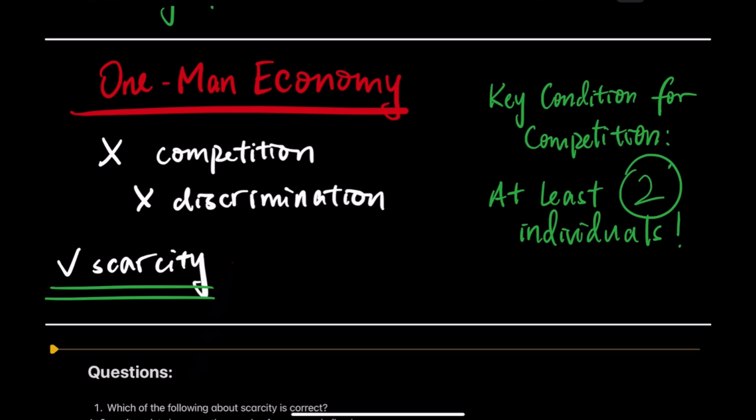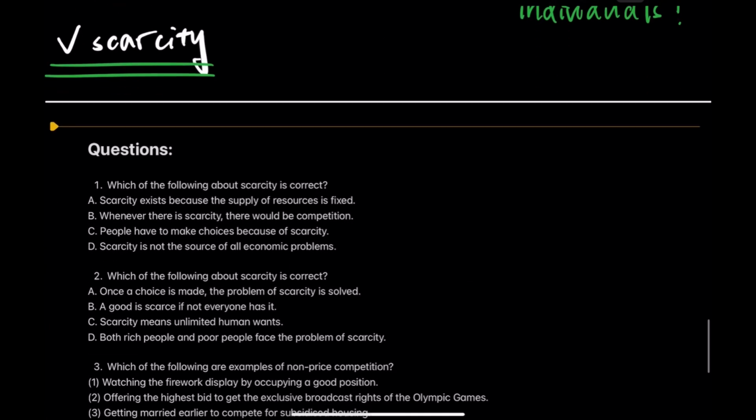Scarcity exists, but just not competition and discrimination, because you do not have another party to compete with. And therefore, one person getting this and one person not getting this would not happen in a one-man economy, because there's only one person.